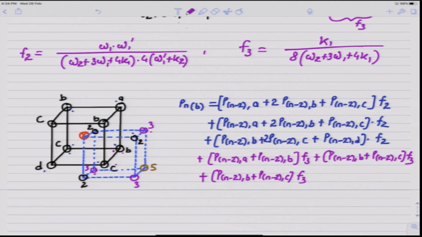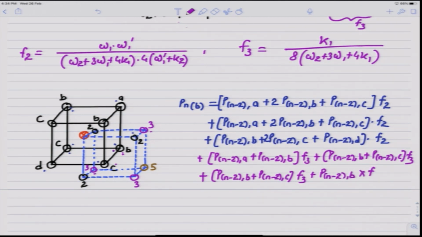And for this jump from 5, after n minus 2 jumps, the vacancy could have been only on site B here, because any other jump would have been a random jump, because it would be from outside the coordination shells of X. So, this would be P n minus 2 of B times F3.